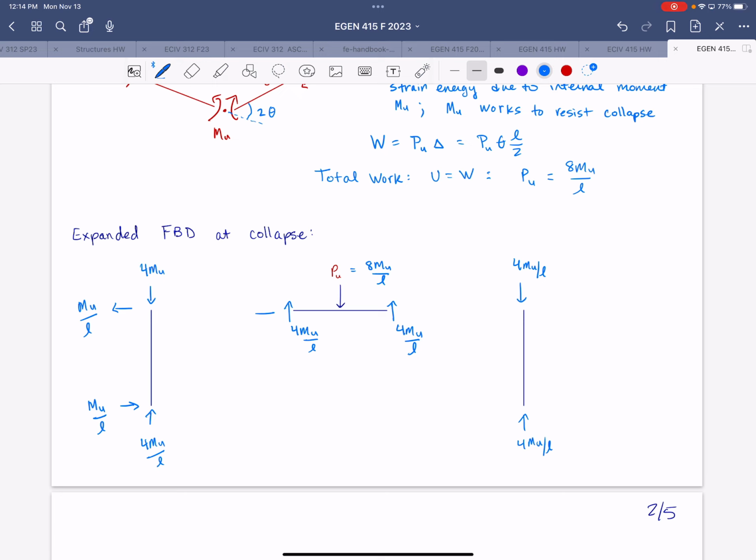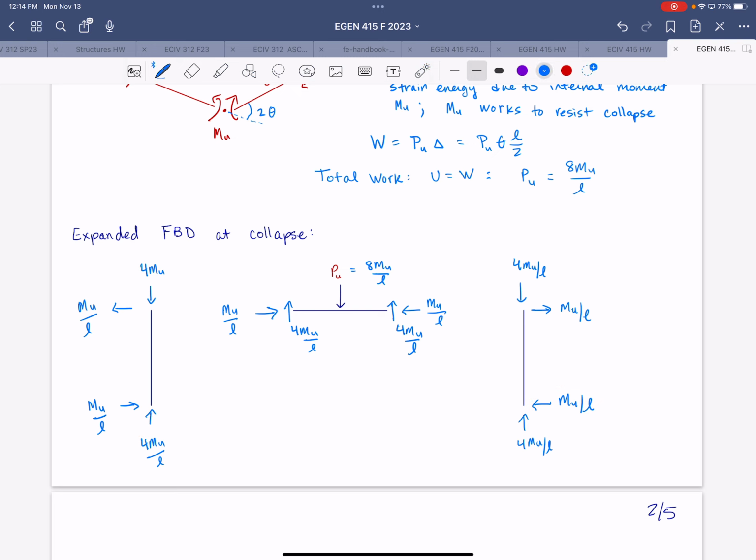That would transfer equal magnitude opposite direction to the beam, and then to the other column. We have those horizontal forces because this is not a simply supported frame. It has pins at both supports, so we'll have horizontal reactions there that oppose each other.